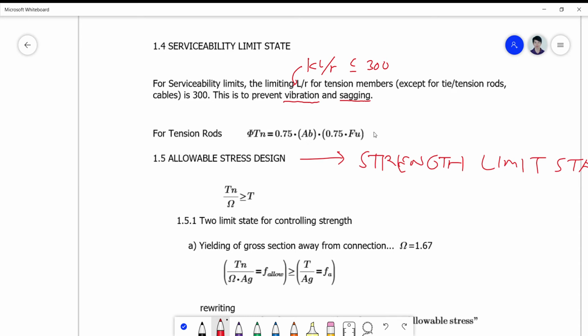Again, this is still a part of your LRFD, wherein the resistance measured is a function of your rupture strength, which is actually your fracture, and this 0.75 is a reduction factor on the area.